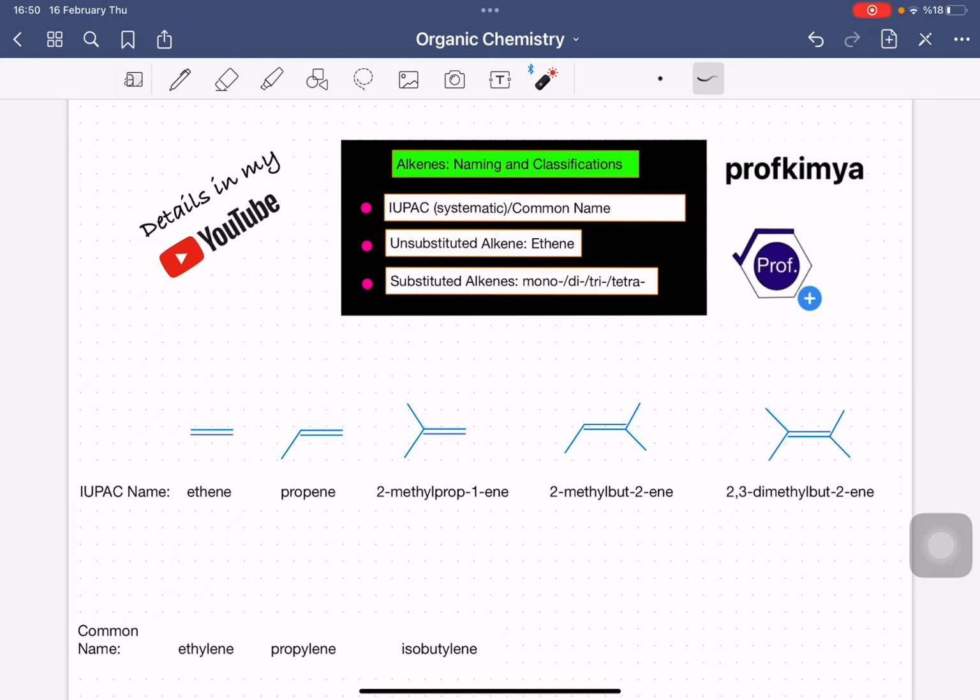If we replace 2 of the hydrogens with 2 substituents, we call this disubstituted alkenes. If we replace 3 of the hydrogens with 3 substituents, we call this 3 substituted alkenes. If we replace all of the hydrogens, we call this tetrasubstituted alkenes.